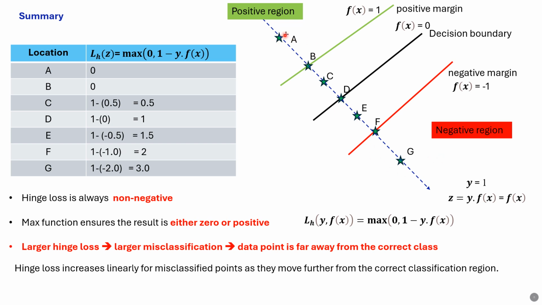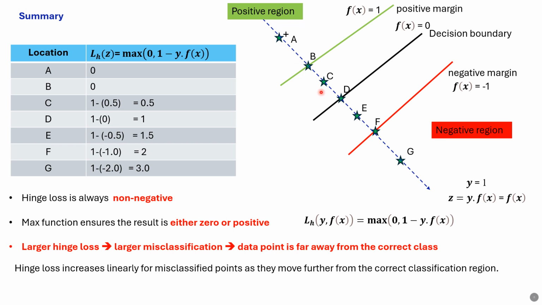Now this data point, which has a label of positive 1, is moving from A to G, that is, from the valid region to the invalid region. Now hinge loss at A is 0, B is 0 because this is still a valid region for this data point.